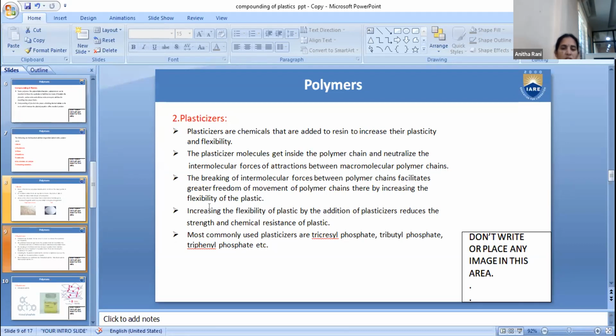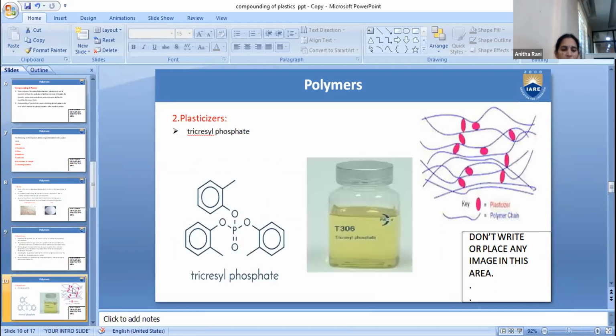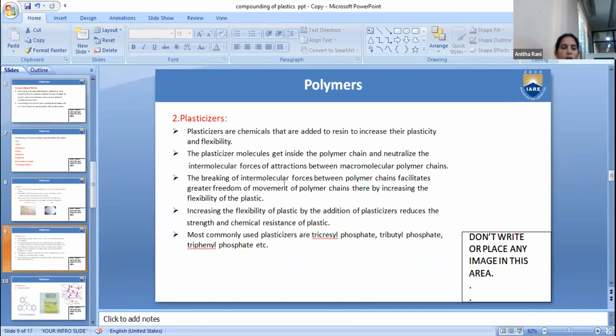What do these plasticizers do, what is their function? We have to know. The plasticizer molecules get inside the polymer chains, you see here in the picture. These are polymer chains, and the plasticizers get inside them and neutralize the intermolecular forces of attraction between the macromolecular polymer chains.